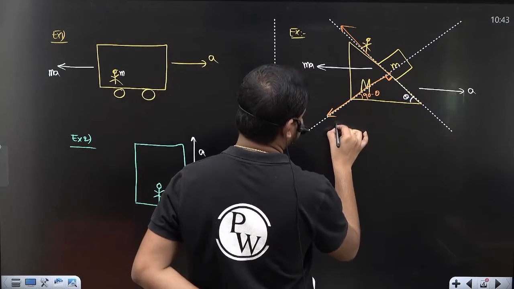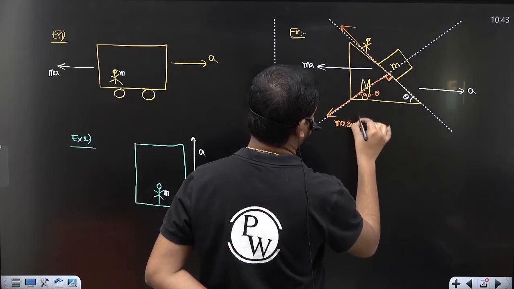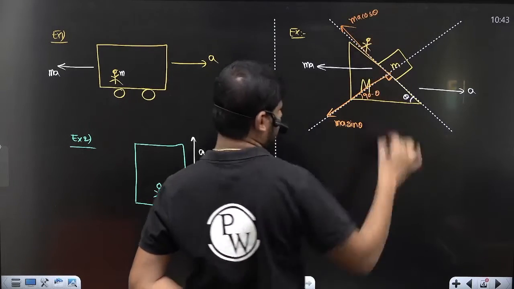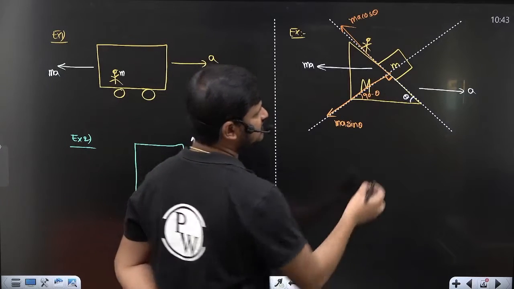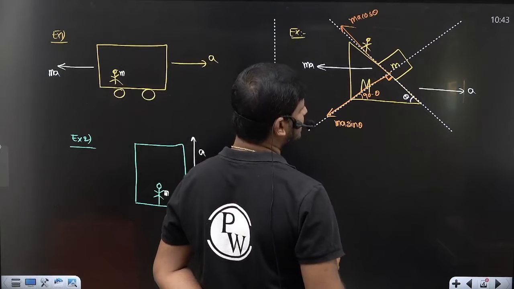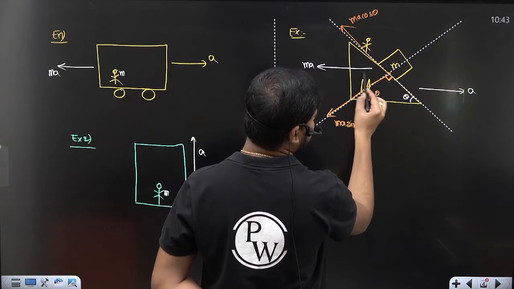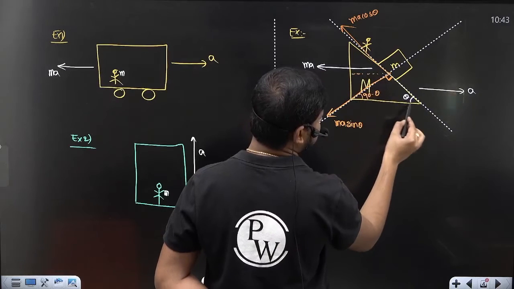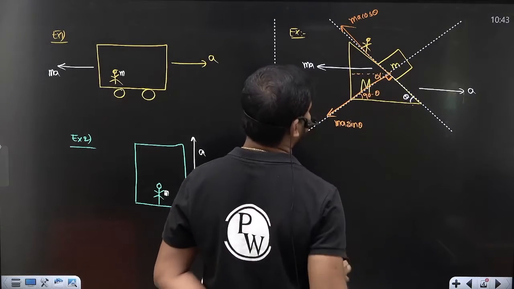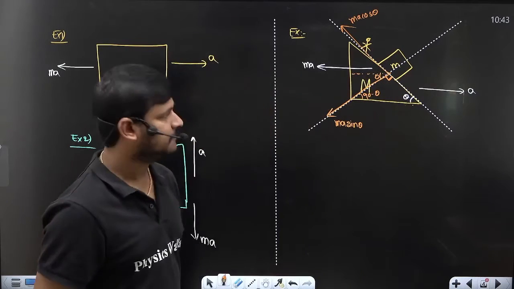Why, sir? If this angle is theta, then here also the angle will become theta, the corresponding angle, if you draw the horizontal here. And this is again 90 minus theta.